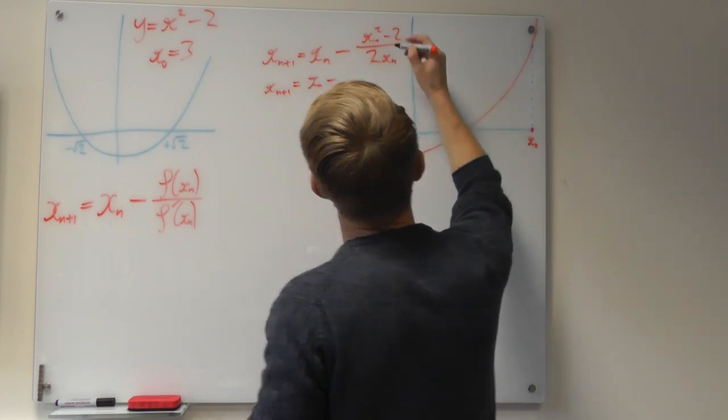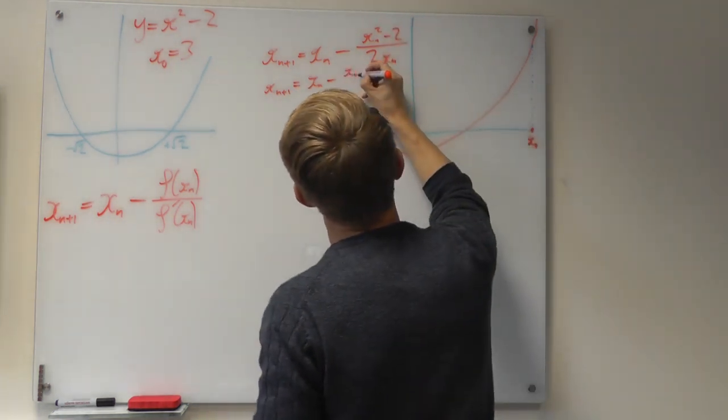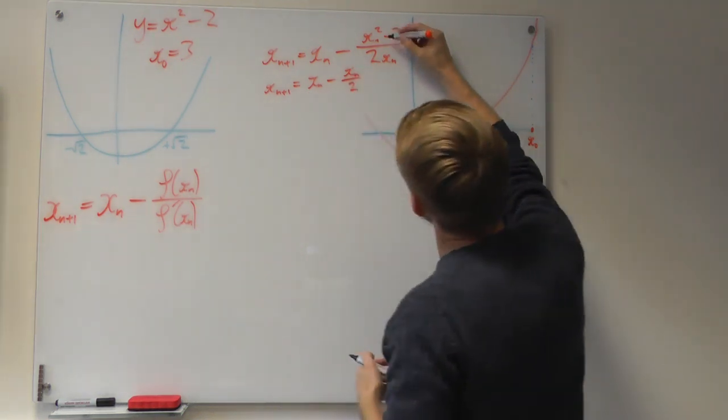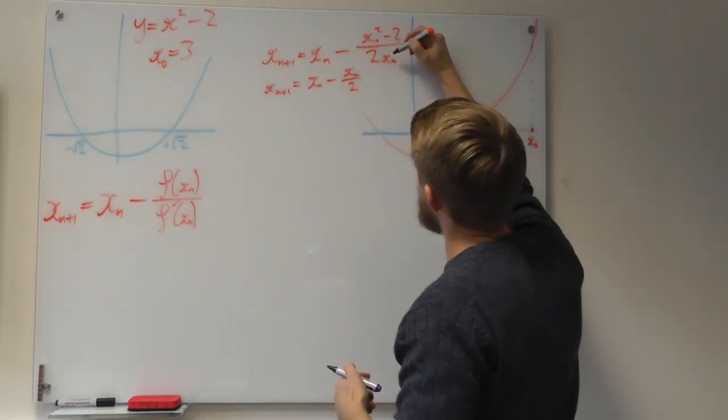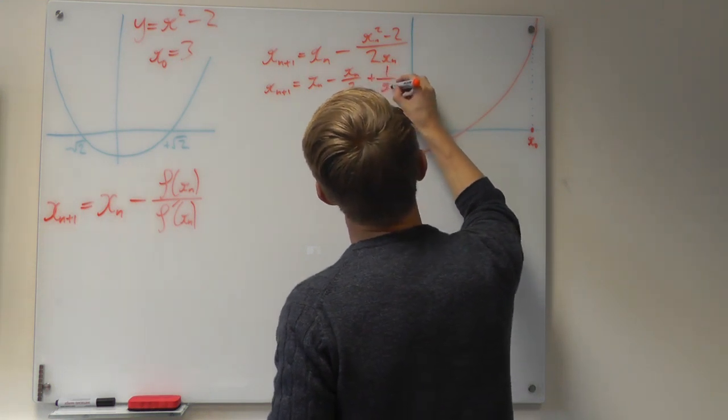x_n minus x_n squared divided by 2x_n is just x_n over 2, and minus 2 divided by 2x_n is just plus 1 over x_n.